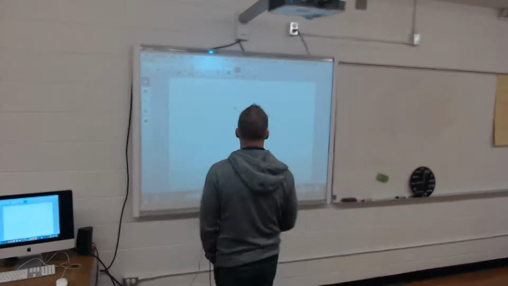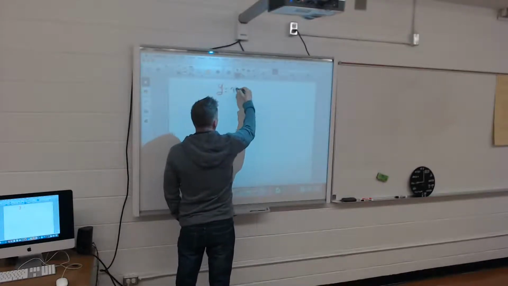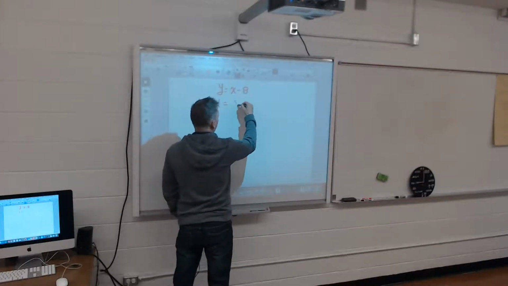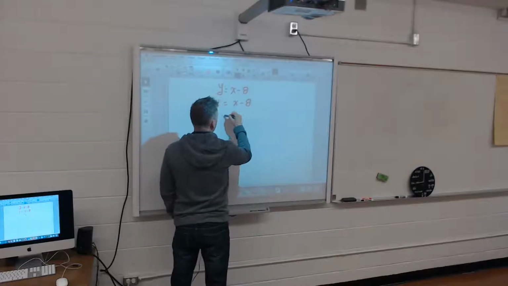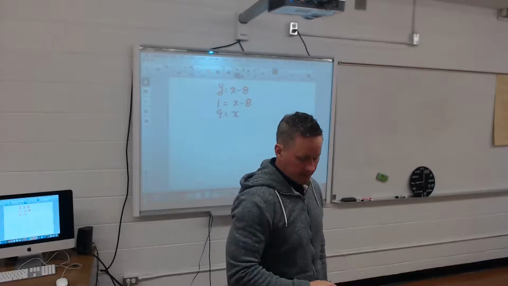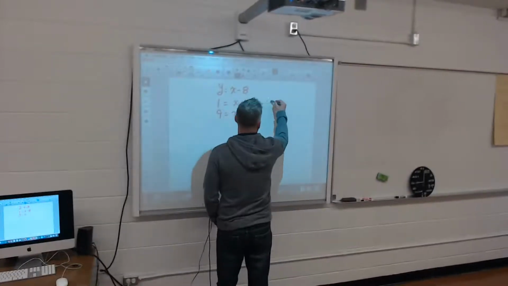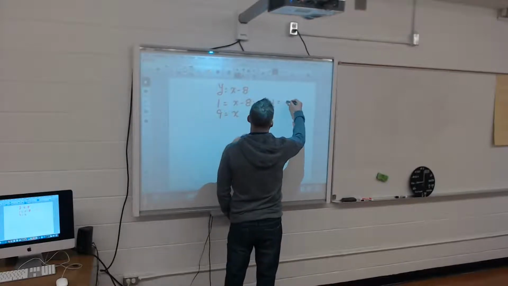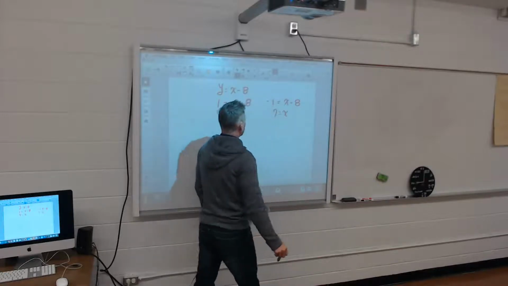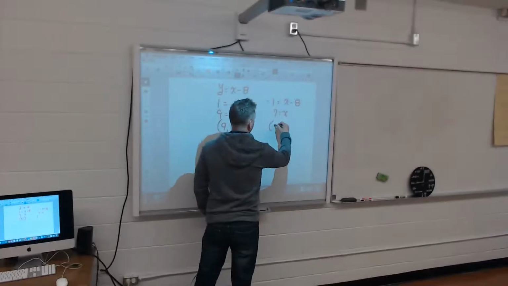You could just simply substitute. You have y equals x minus 8. Put 1 in for y. X equals 9. That's one way to do it, and then you also have to take into account when y is equal to negative 1. So your invariant points are 9 and 7.